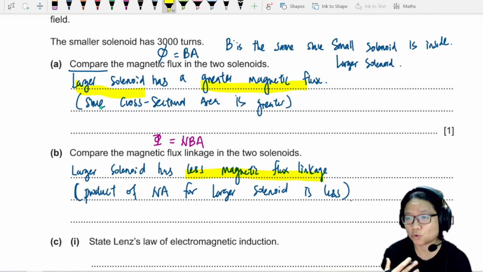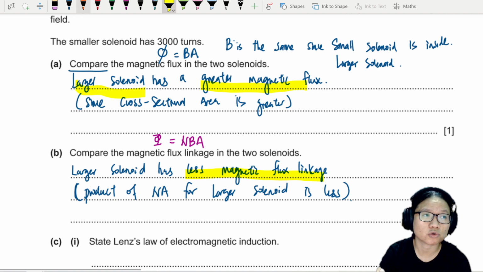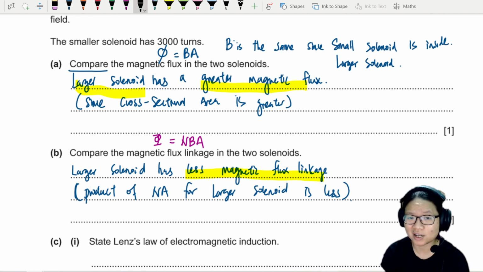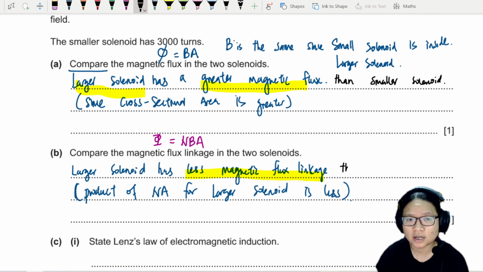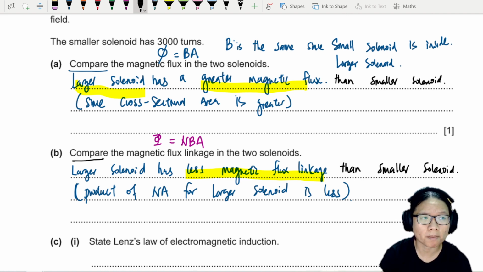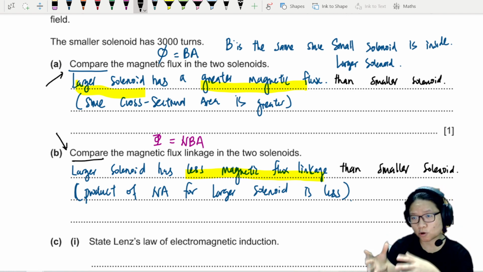Of course, you can also write about the smaller solenoid to make it more clear, but it's just 1 mark, so I would write 1 sentence and move on if I'm a student now. But you can make it more clear by saying the larger solenoid has a greater magnetic flux than the smaller solenoid, and the larger solenoid has less magnetic flux linkage than the smaller solenoid. So this is your basis of comparison. This is your compare. Compare the large solenoid to the small solenoid.